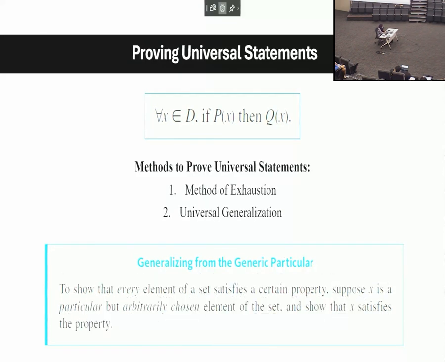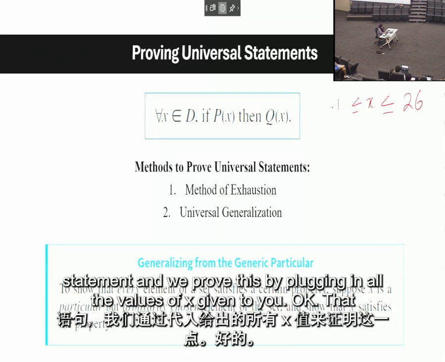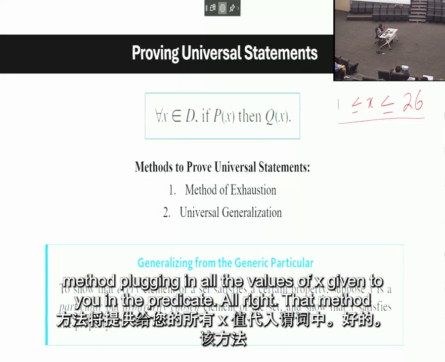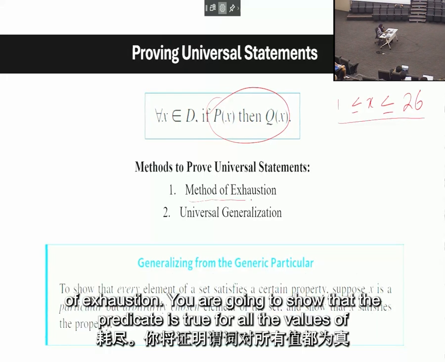One of them we covered in the last lecture. Let's say some predicate is given to us, and in the first method we prove this universal statement by plugging in all the values of x given to you in the predicate. That method is an exhaustive method, known as the method of exhaustion.